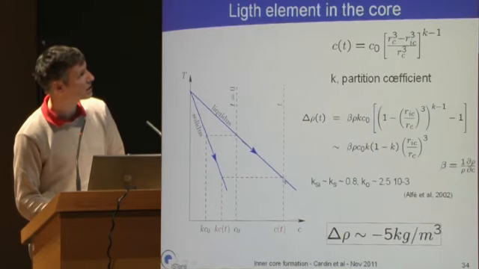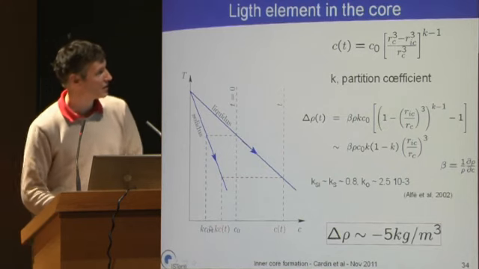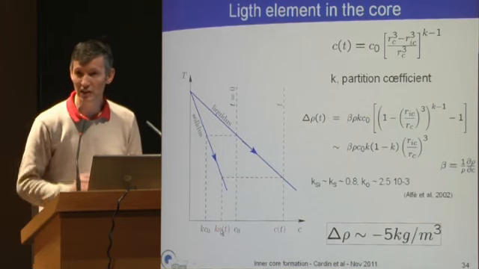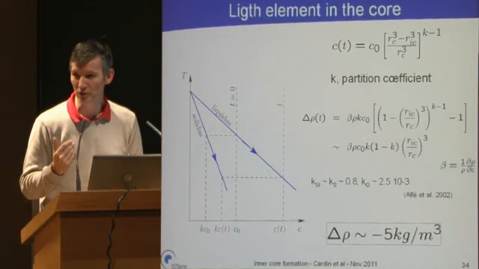And consequently, the concentration of light element in the inner core, which is Kc, is now higher than it was before. So it means that the light element is more concentrated at the top of the inner core than it was at the center of the inner core.